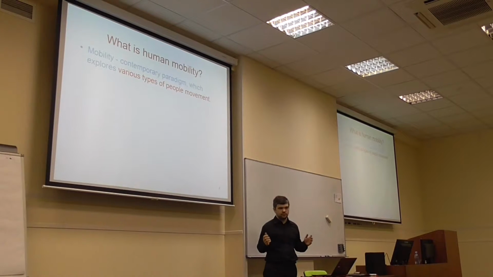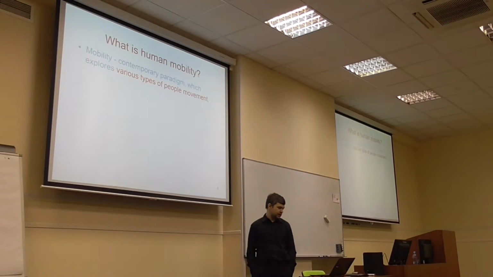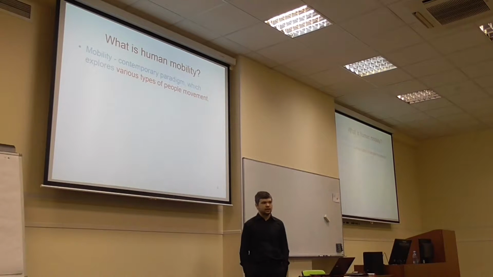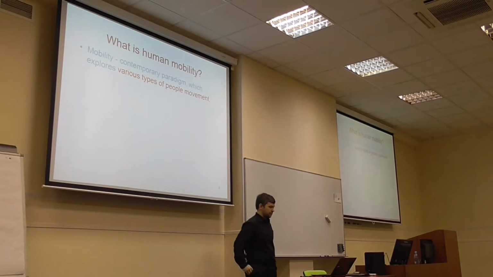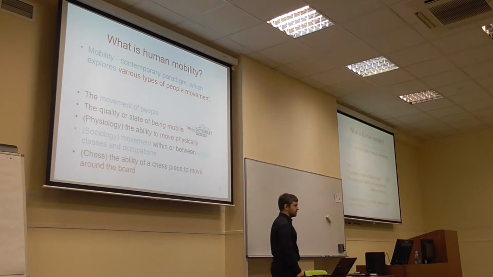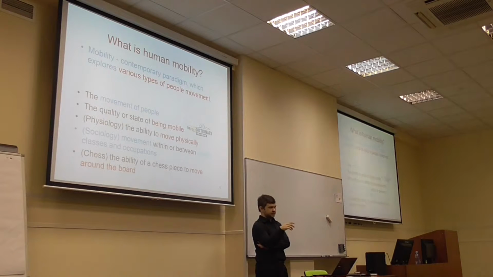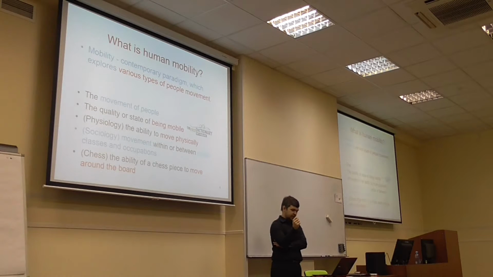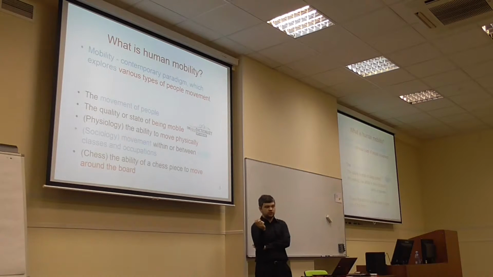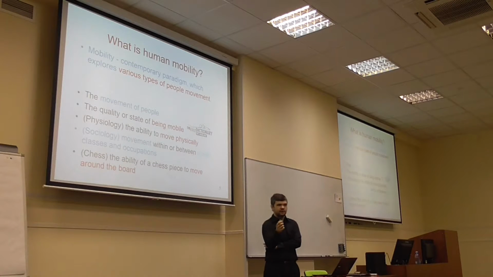It can be different things, but usually people talk about it as various types of movements. But in fact, for example, in social science, they say that mobility could be the movement between different social layers, different classes or occupations. And that can even be the movement of chess pieces on a chessboard. Very wide.